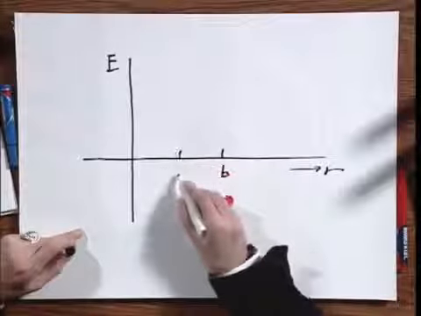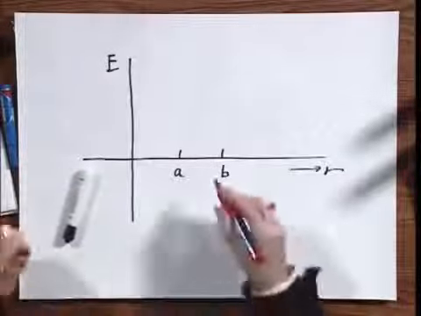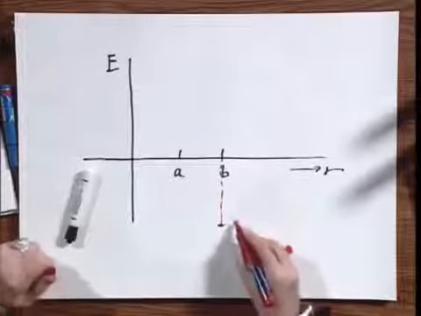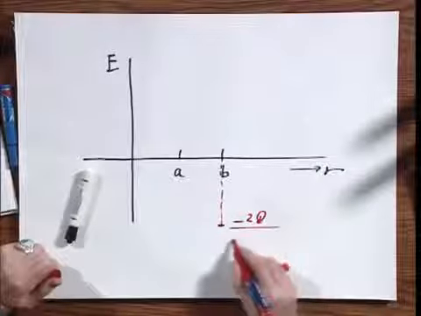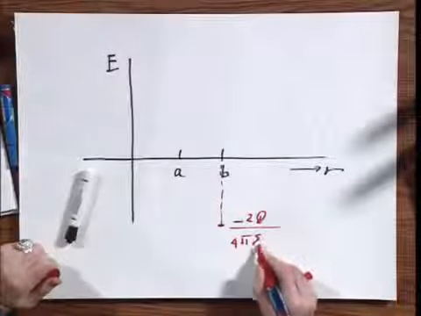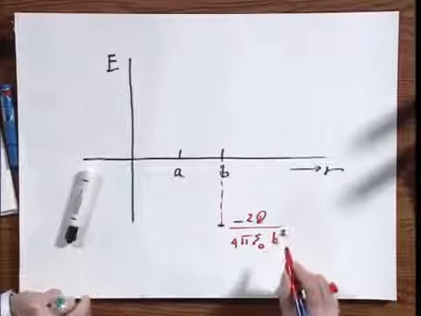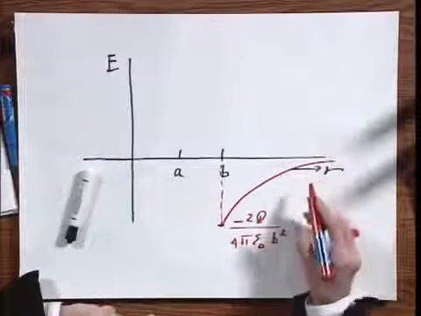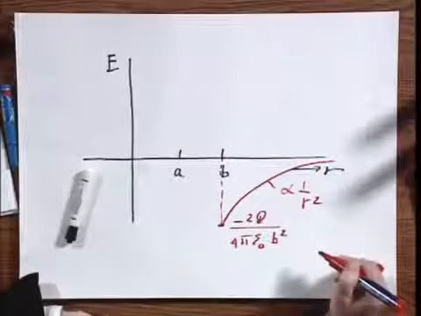Here is location B, and here is location A. So we know that right here we have an electric field which is minus 2q divided by 4 pi epsilon 0 B squared, because I'm at the location B, and then it falls off to 0 proportional to 1 over R squared.